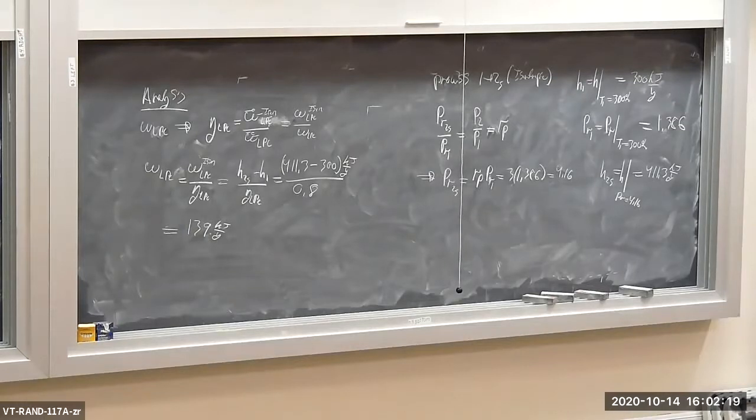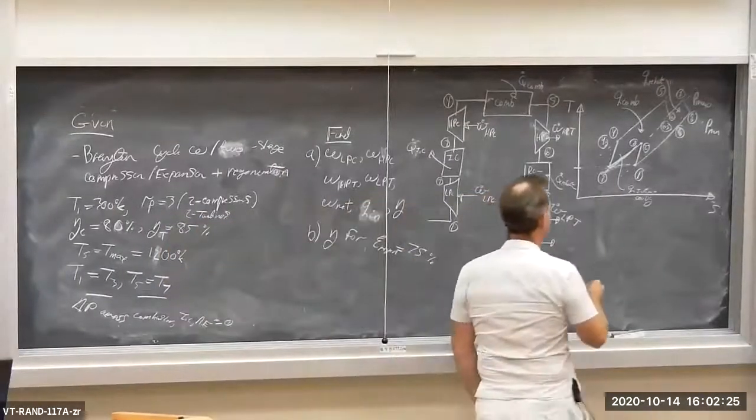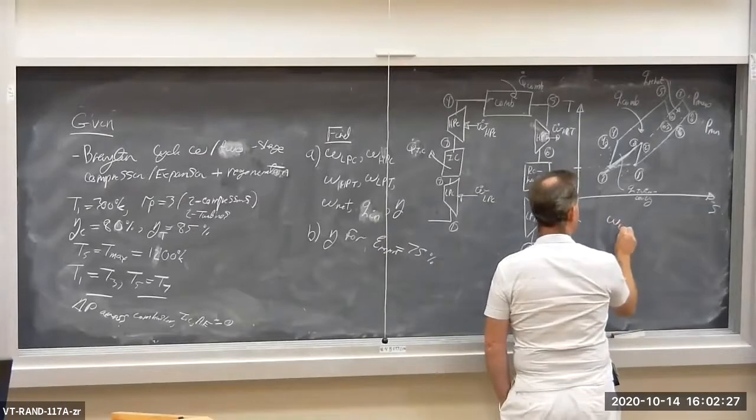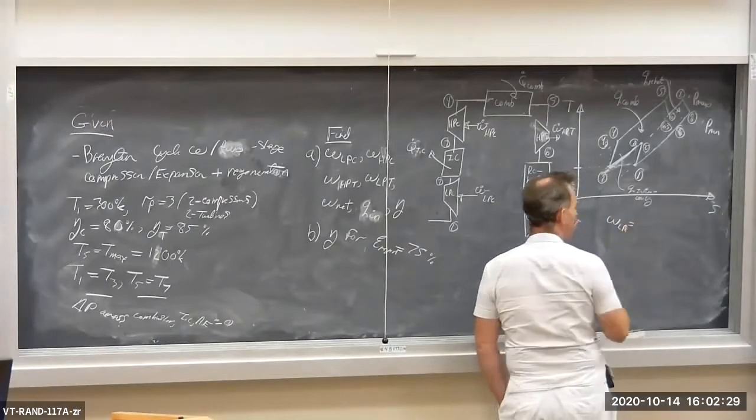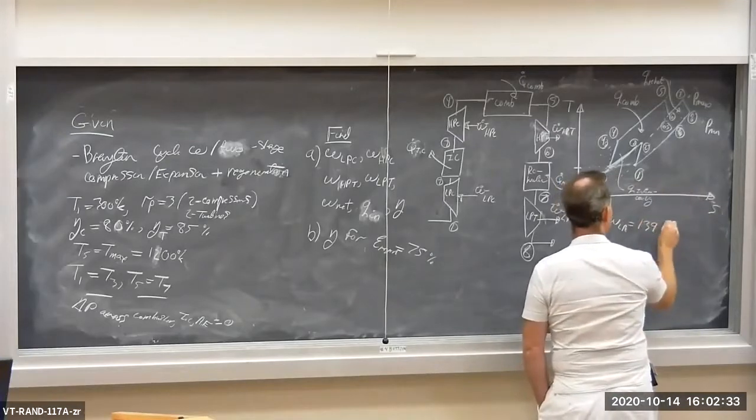Okay, so let's write the first result down. WLPC is equal to 139 kilojoules per kilogram.